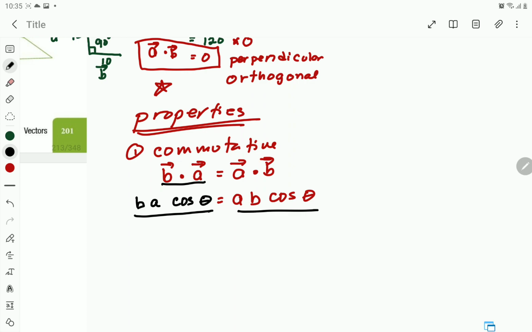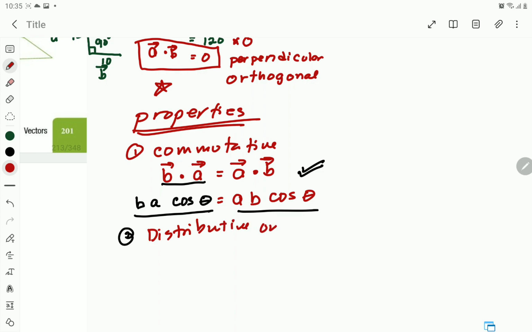So please don't forget, this is an important property that A dot B and B dot A are equal to each other. So it means that it is commutative. The other one is that it is distributive over addition.